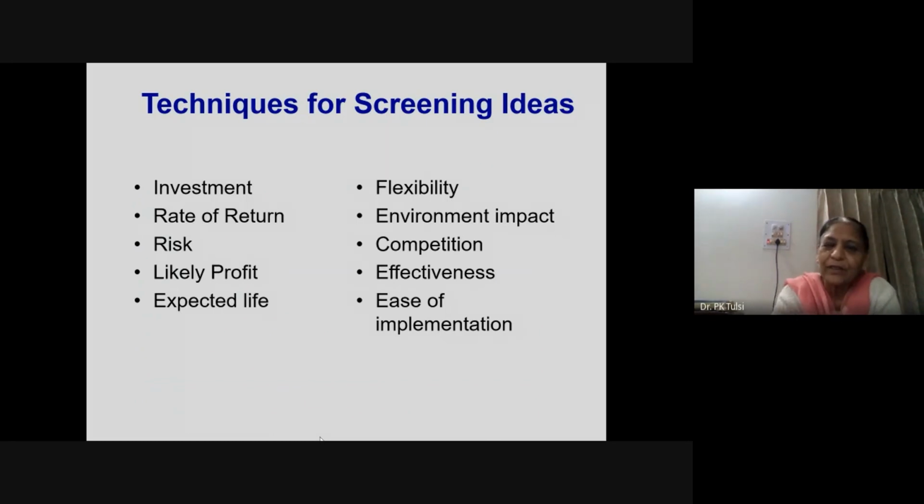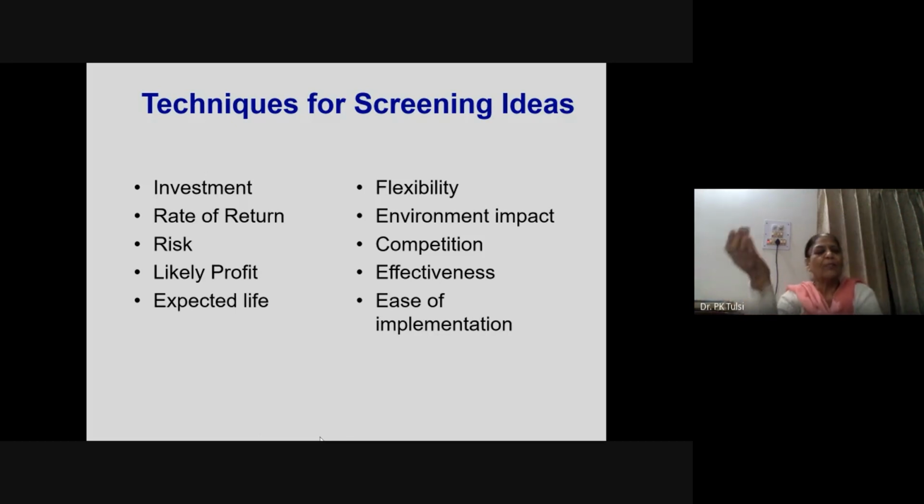And here when it comes to the industry, they try to take up what kind of investment would be required. What will be the rate of return on that investment? Then what is the risk involved? Is it that there is a high risk or a moderate risk, or there is a low risk?